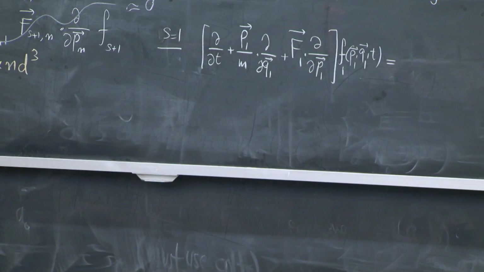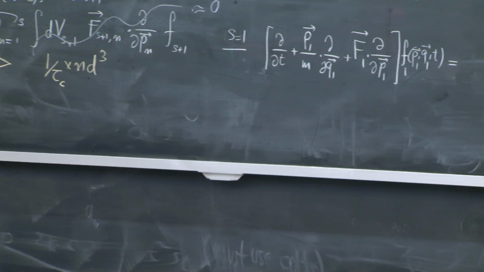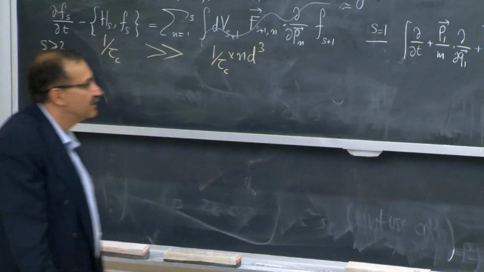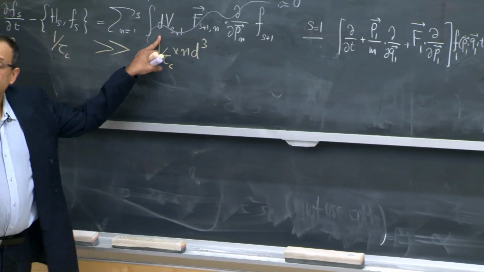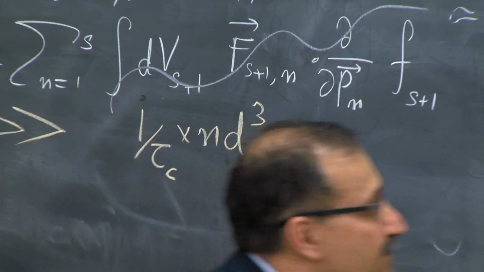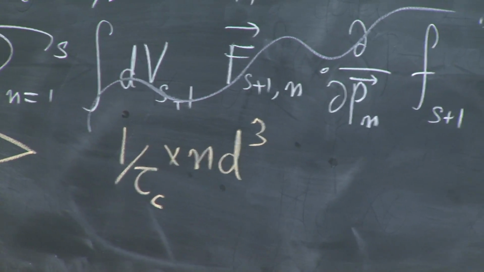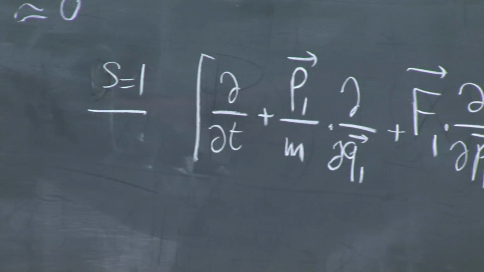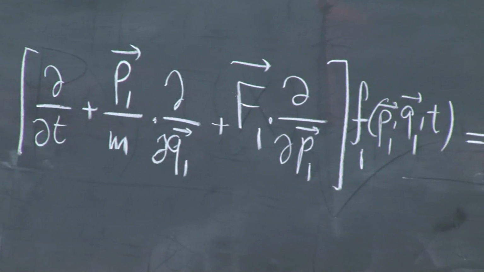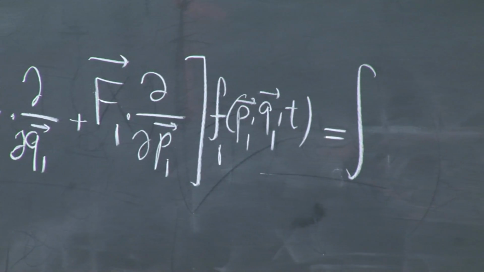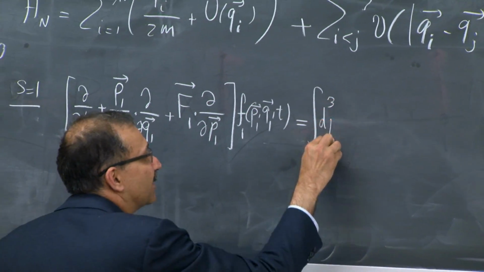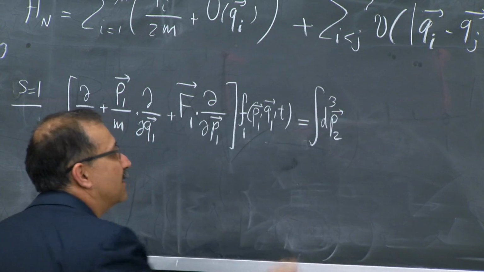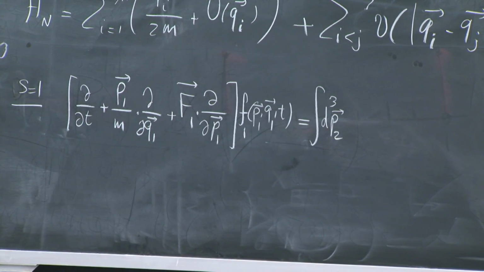And on the other side, I had the possibility to have a term such as this that describes a collision with a second particle. I have to look at all possible second particles that I can collide with. They could come with all variety of momenta, which we will indicate P2.